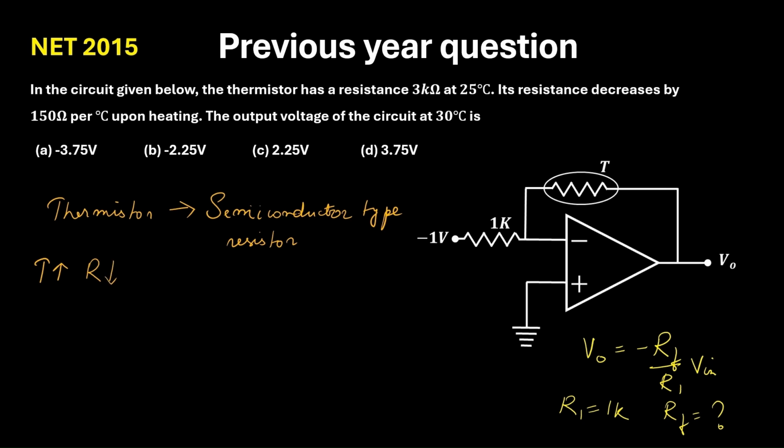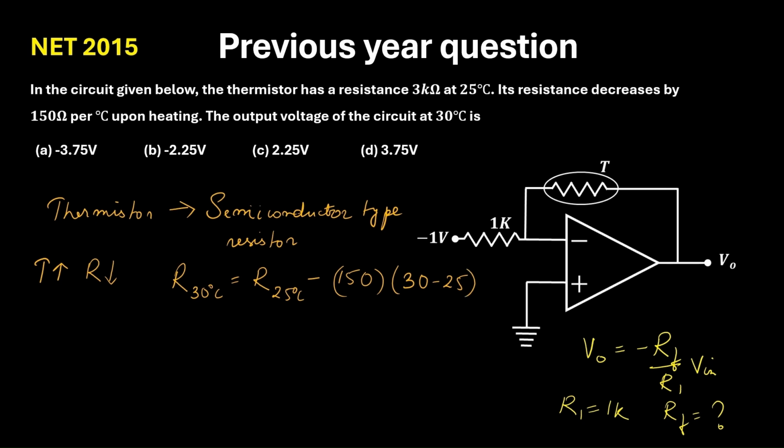So using this, we can find out the resistance at 30 degrees Celsius to be equal to resistance at 25 degrees Celsius minus the coefficient of resistance 150 into the difference in the temperature, that is 30 minus 25.